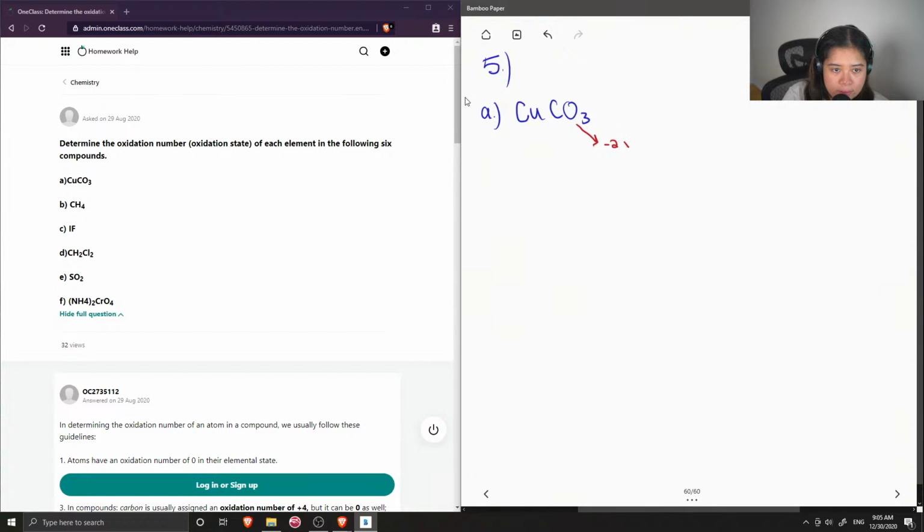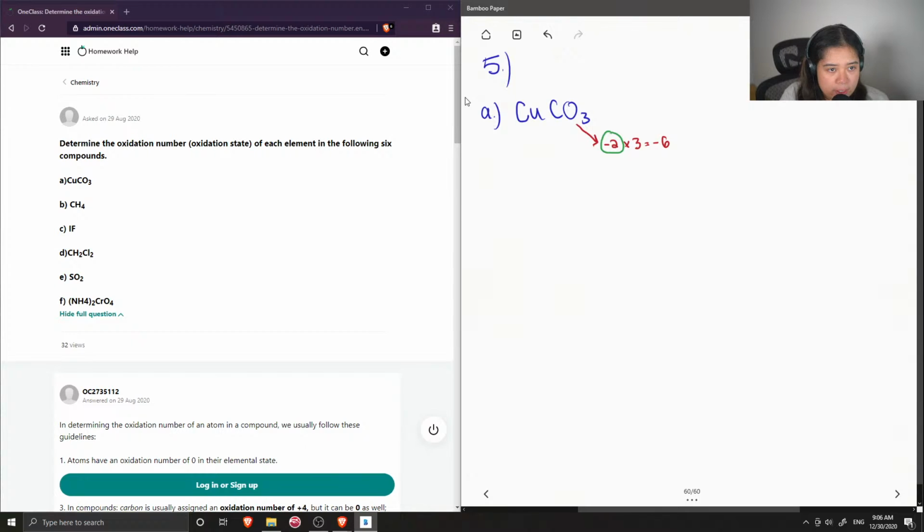So I'm going to show just the contribution of all the oxygen atoms, but I'm going to circle -2, since when we report the oxidation number, we report it for a single atom.